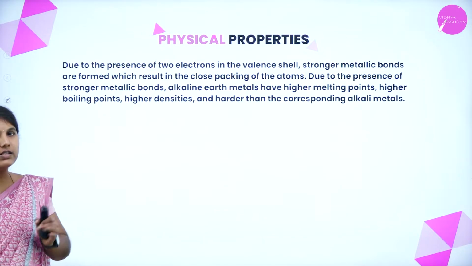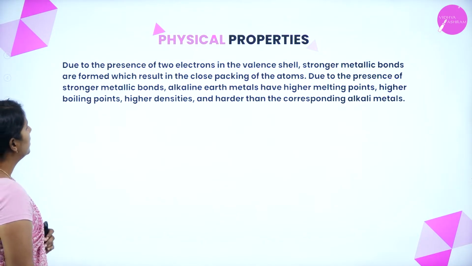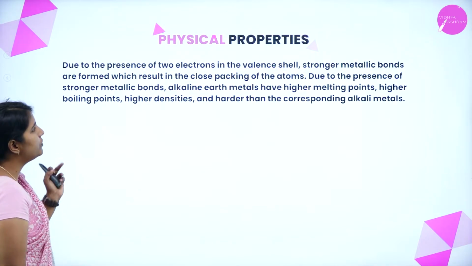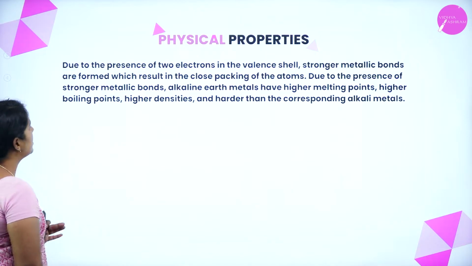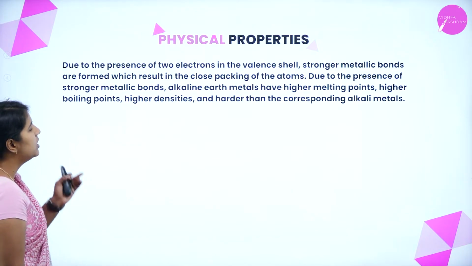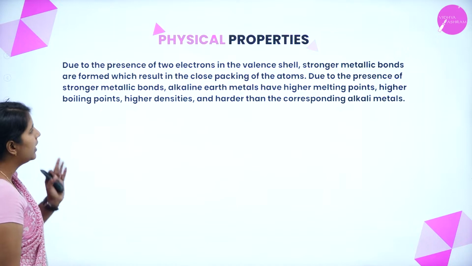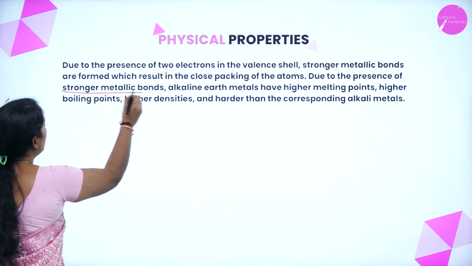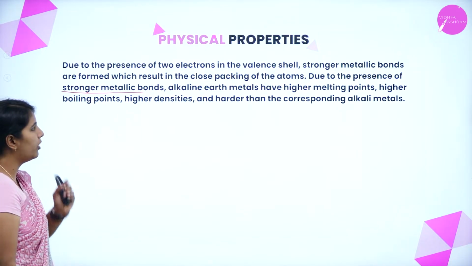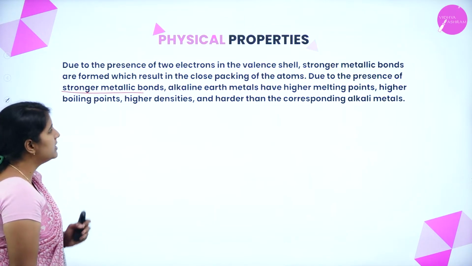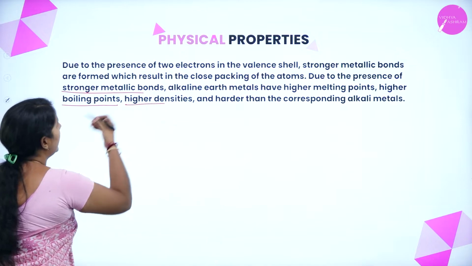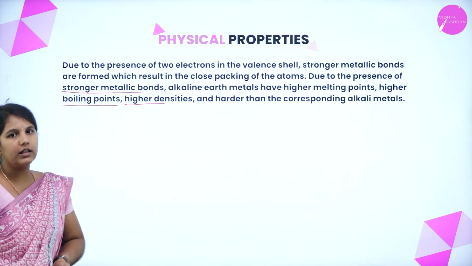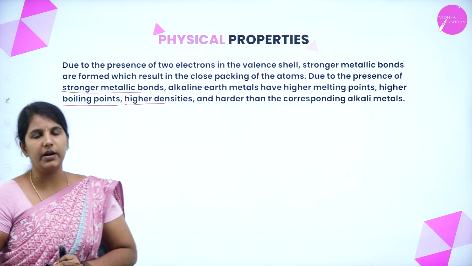Next is physical property. Due to the presence of 2 electrons in the valence shell, stronger metallic bonds are formed as a result of close packing of atoms. Due to the presence of stronger metallic bonds, alkaline earth metals have higher melting points, higher boiling points, higher density, and are harder than the corresponding alkali metals.